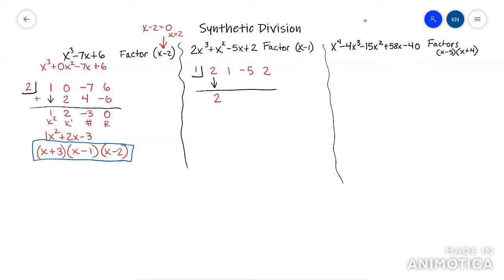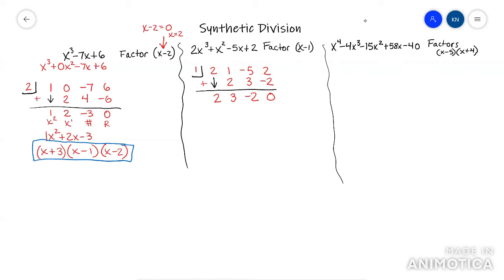Now multiply and combine. 2 times 1 is 2. Now add these together. 1 plus 2 is 3. Repeat. 3 times 1 is 3. Add these together. You would get negative 2. So this is what this one would look like.